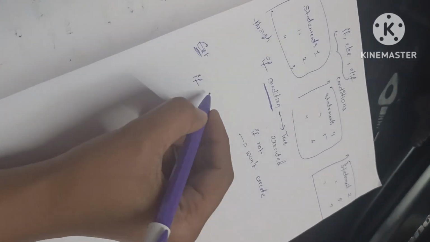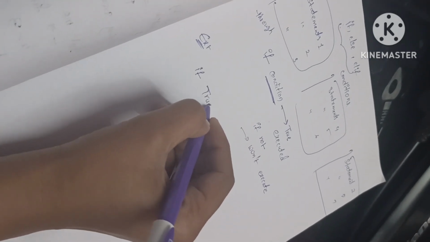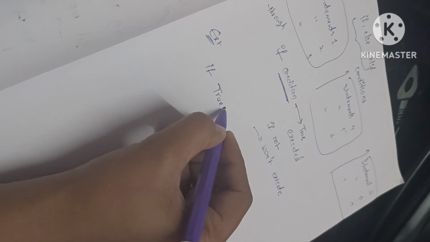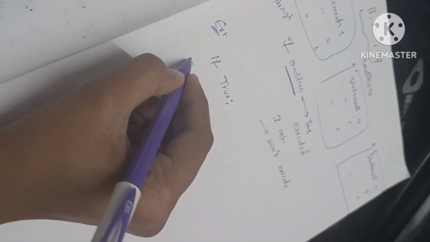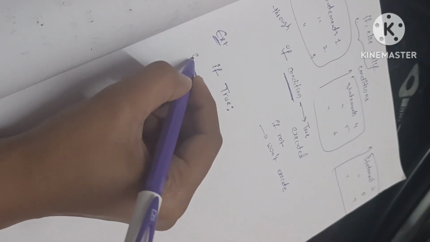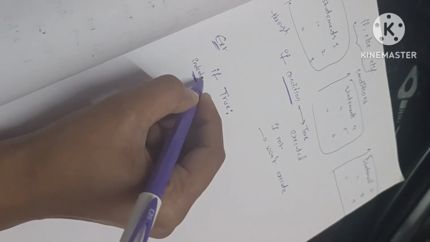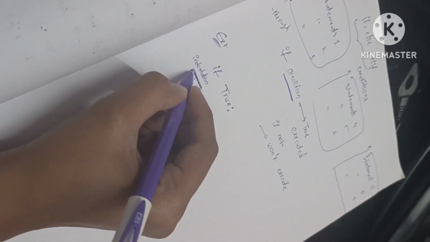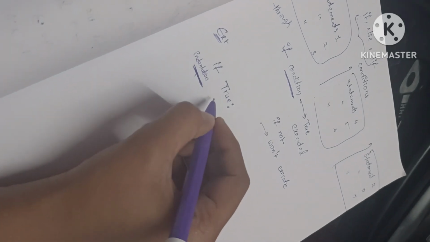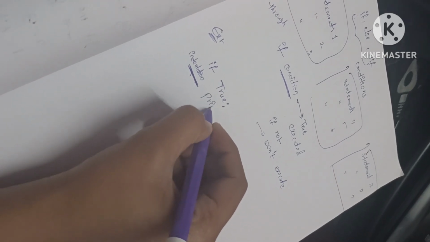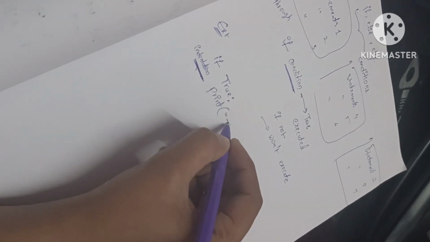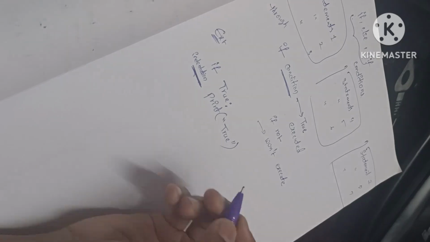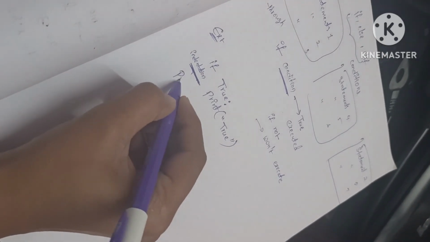If followed by a condition, it all depends on the value you are passing through this condition. So if True, followed by some indentation. Indentation means specifying some spaces, and print True. If it is true, print True.